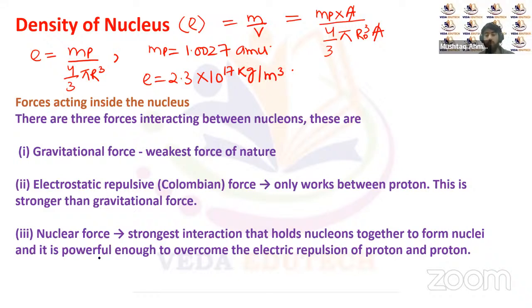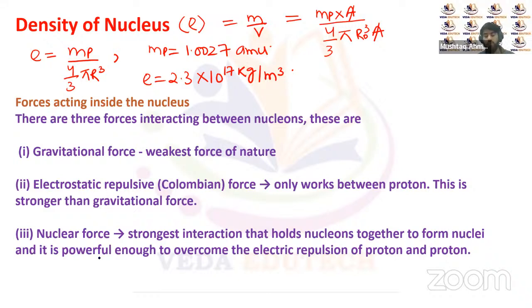Then we have the strongest force of nature, that's what we call nuclear force. This strongest interaction between the nucleons holds nucleons together to form the nucleus. It is powerful enough to overcome all the electrostatic repulsions between proton and proton, right? So that's the power of nuclear force.